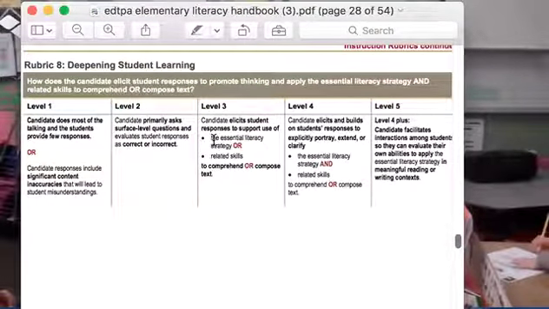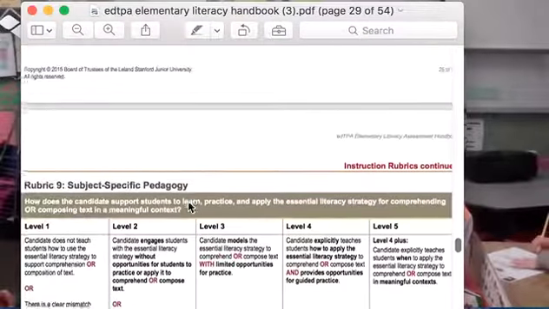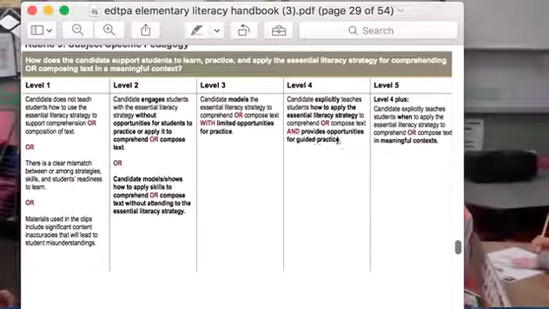If we talk about deepening student learning, this is all about asking follow-up questions, right, and refining understanding. Well, understanding wasn't there to begin with, and so it's hard to really go with that one. Definitely at a 2, might even again be at a 1. If we talk about opportunities for guided practice, right, she gives a lot of practice opportunities, but are they really practice opportunities?